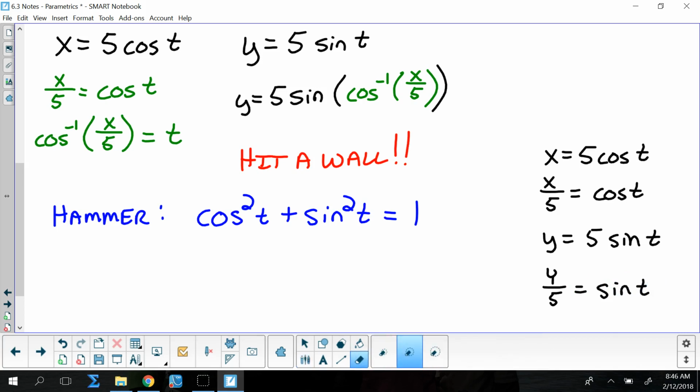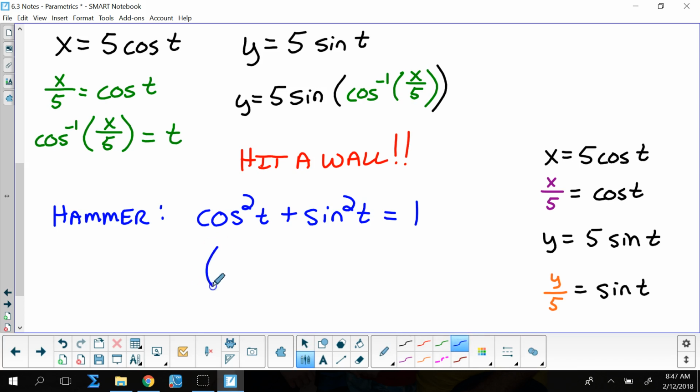Okay. Now, to make it more colorful, I switched those so that we can color code them. So now when I go to square the purple one here, because I have to square cosine, that becomes x over 5 quantity squared plus my orange one, y over 5 quantity squared, and that's what I get.